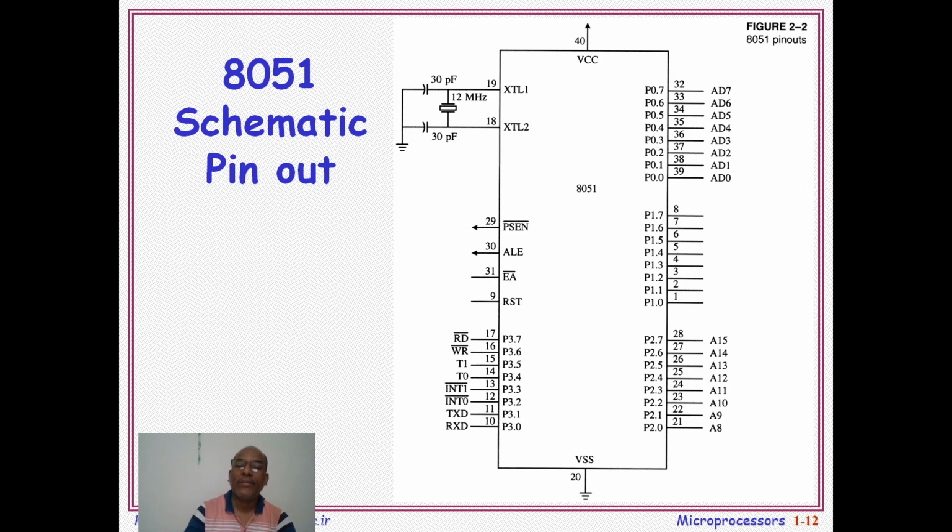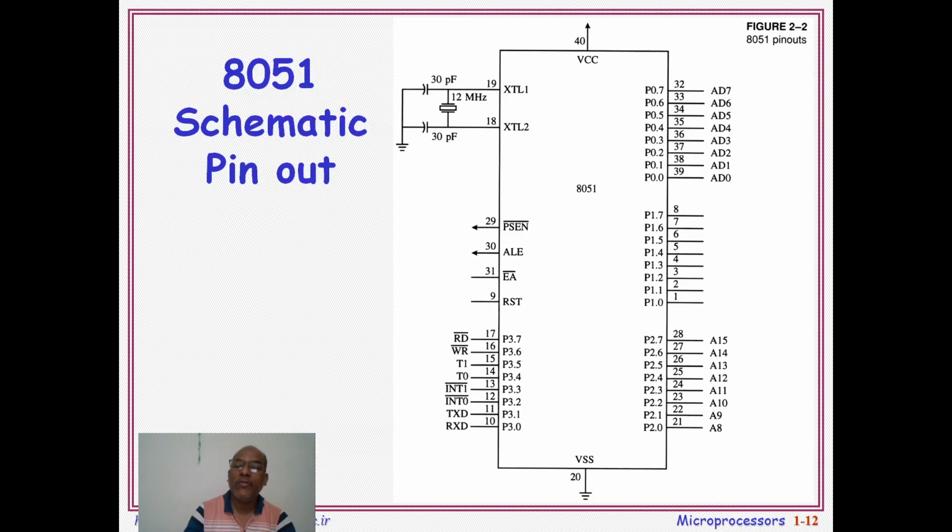It requires plus VCC and ground for pin number 40 and 20. Then the crystal oscillator XTAL1, XTAL2 on pin number 18 and 19. Then different pins: PSEN bar pin number 29, ALE 30, EA bar 31, RST 9.